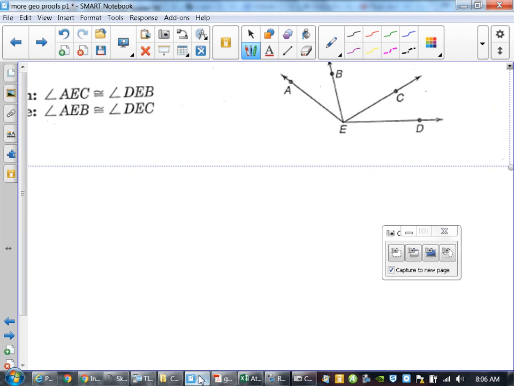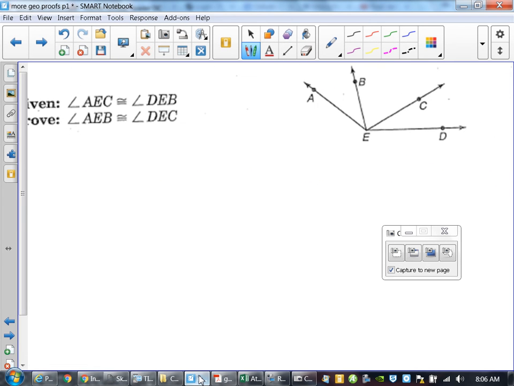Last one. Last one goes into the angles. When you look at your given versus what you have to show, look at your diagram.